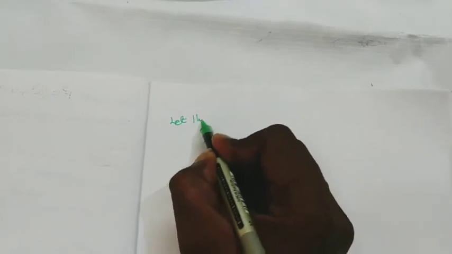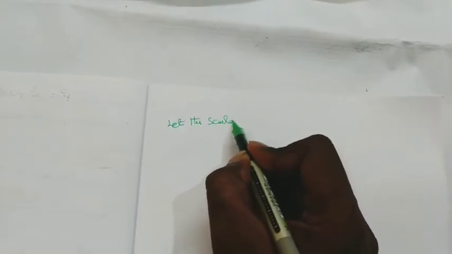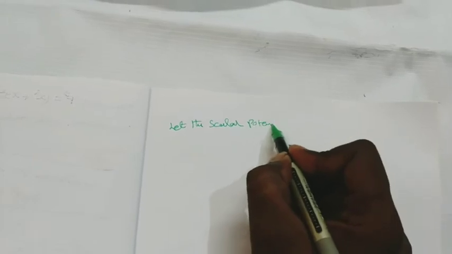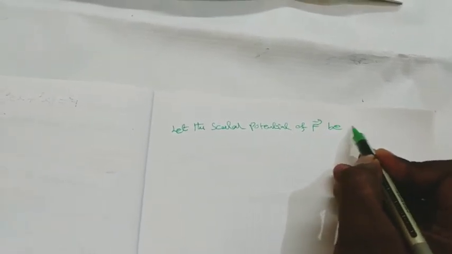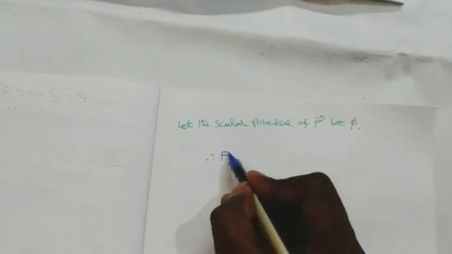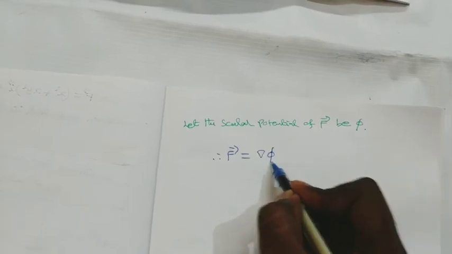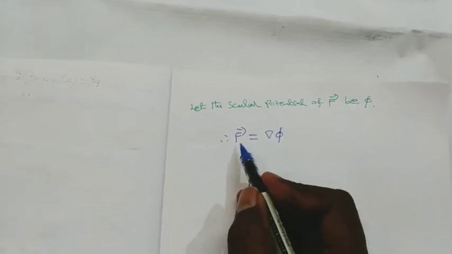So let the scalar potential of f vector be phi. Therefore f vector is equal to del phi. But what is f vector? It is given in the problem.